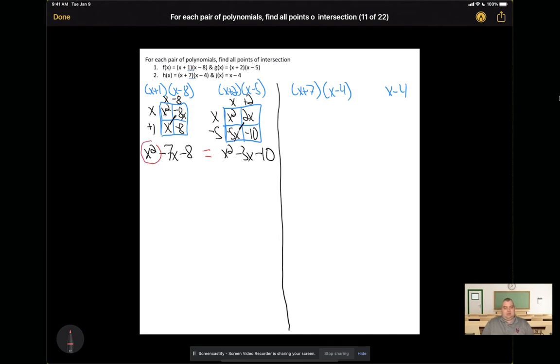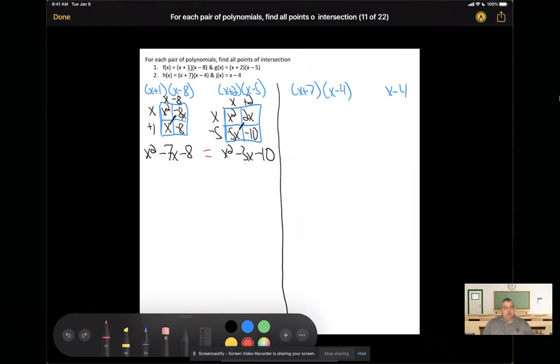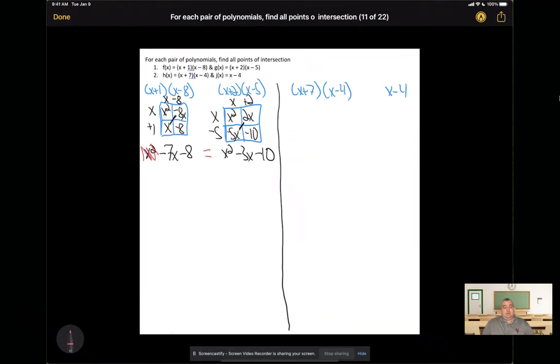I have x squared on the left-hand side, and I have x squared on the right-hand side. What do you think those two things are going to do to each other? They're going to cancel each other out. So x squared over here cancels out x squared over here, and I'm left with negative 7x minus 8 equals negative 3x minus 10.